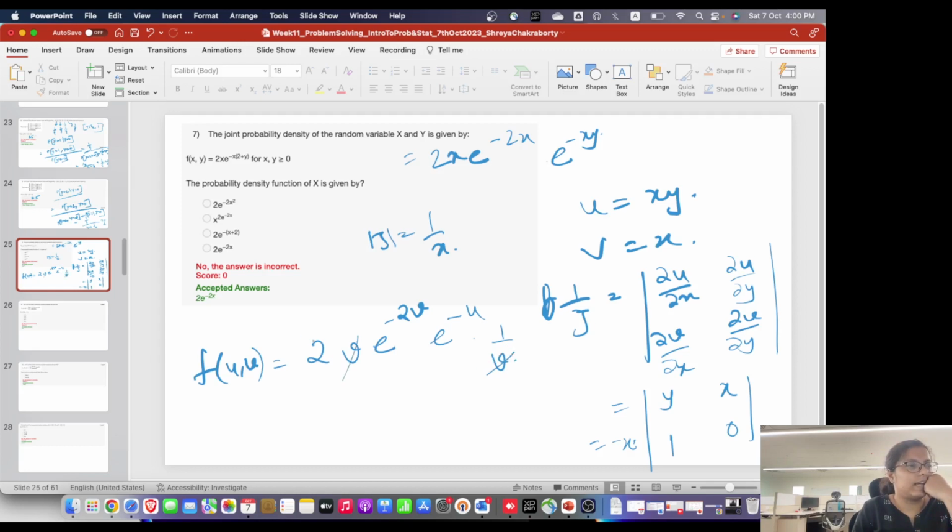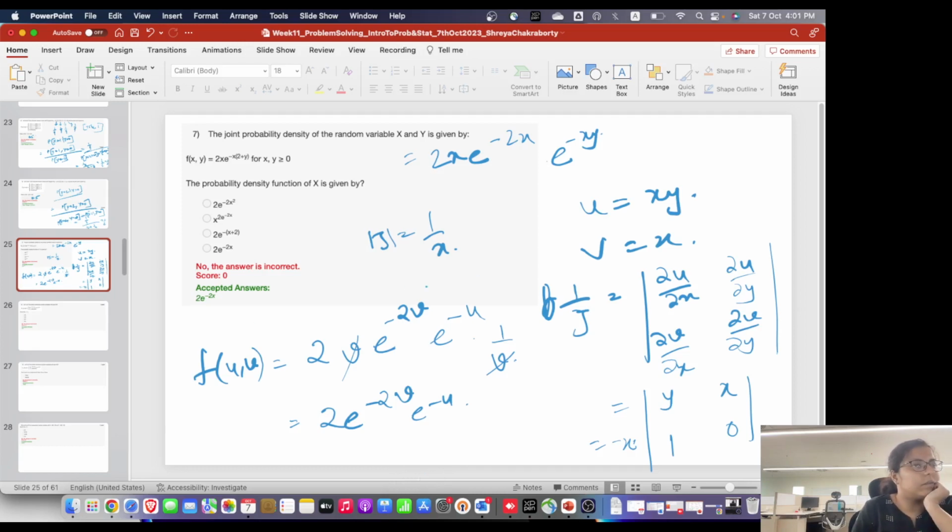This v will cancel. So this is 2 e to the power minus 2v, e to the power minus u.